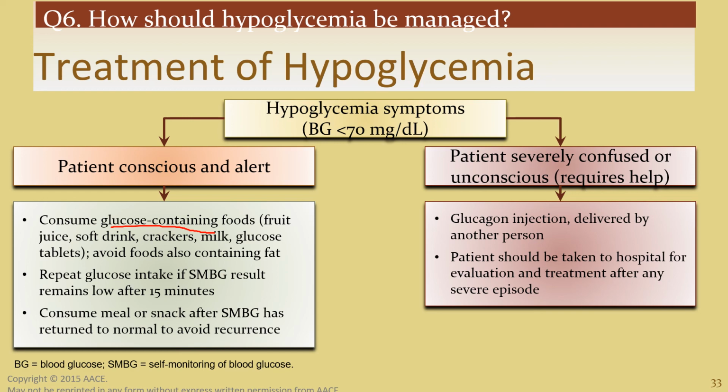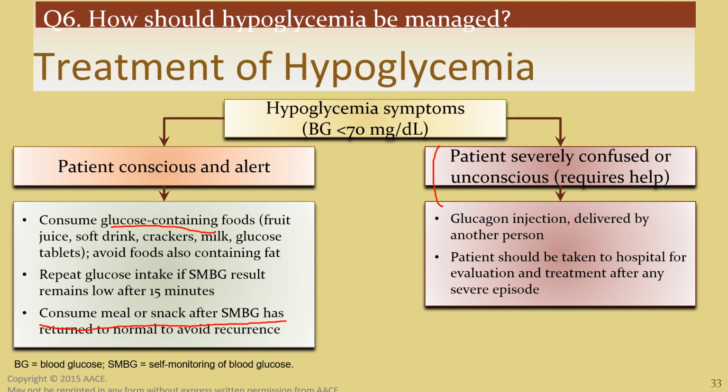If it's not into the safety zone, then they're going to consume something else and check again in 15 minutes. Once their blood sugar is getting back into the safety zone, if it's more than a couple hours to their next scheduled meal, then they need to have an early meal or snack.